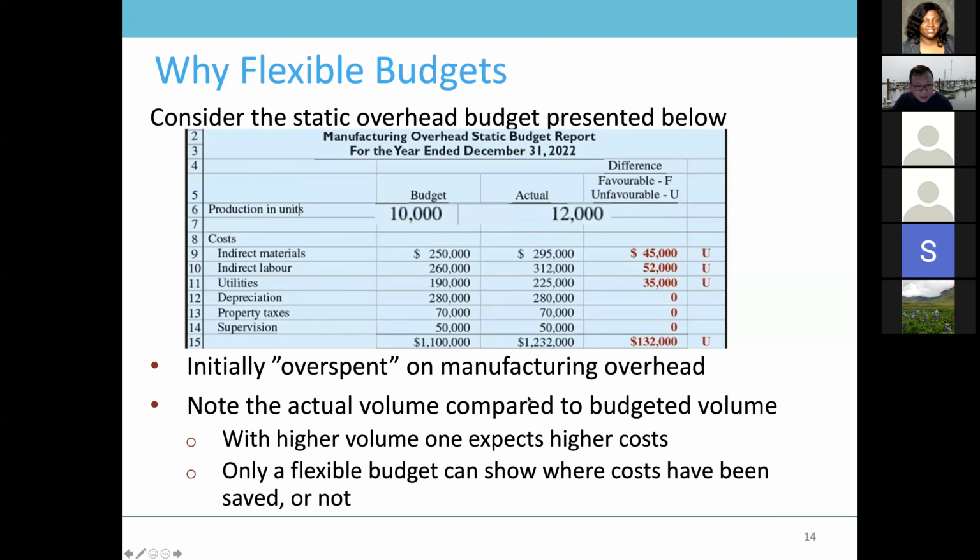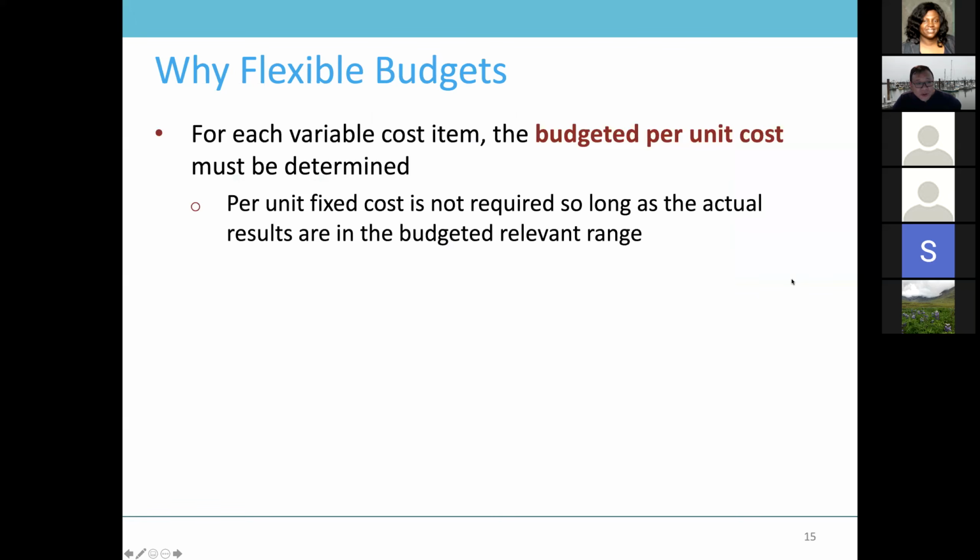So, okay, you just have to figure it out. We are going to need a flexible budget. So how are we going to deal with this flexible budget? We have to determine the budgeted per unit cost.